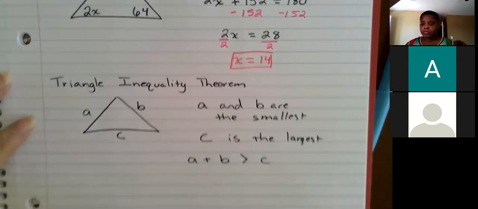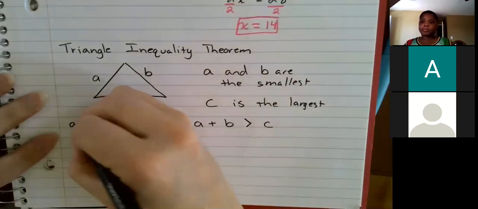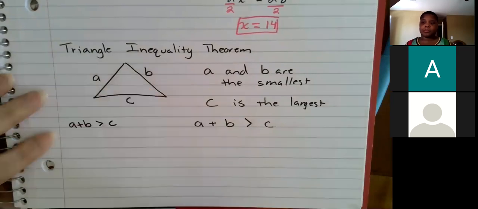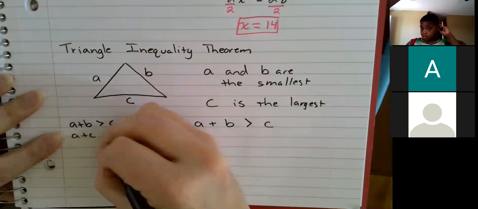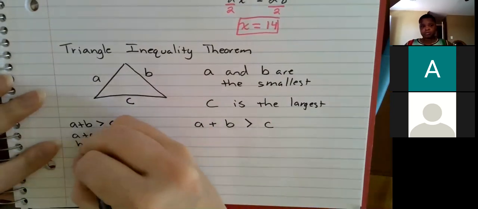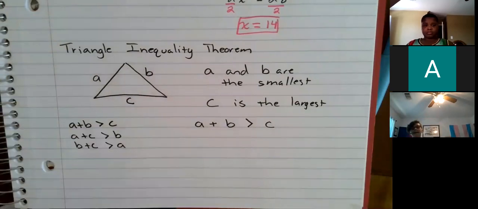That's basically what it is. And really the truth behind it is that if I add A and B together, it should be greater than C. And if I add A and C together, it should be greater than B. And if I add B and C together, it should be greater than A. Essentially, if you add two sides together, it should be larger than the third side.